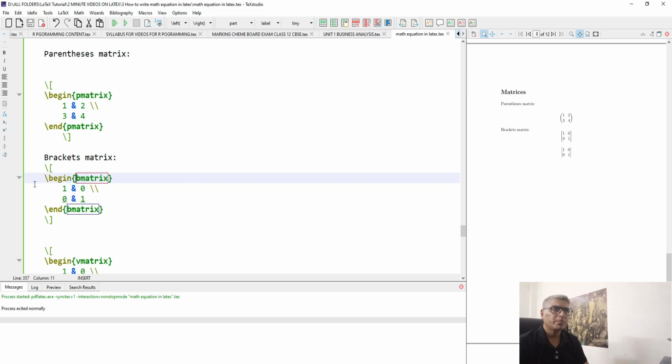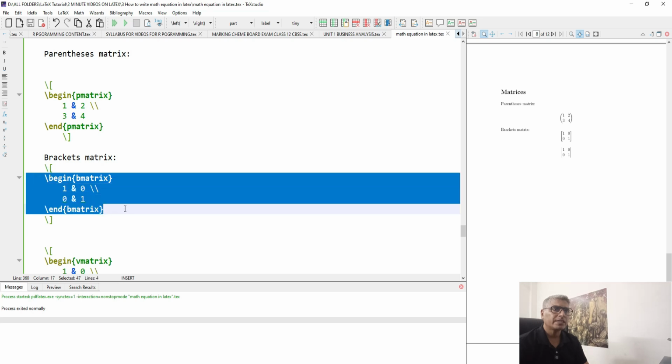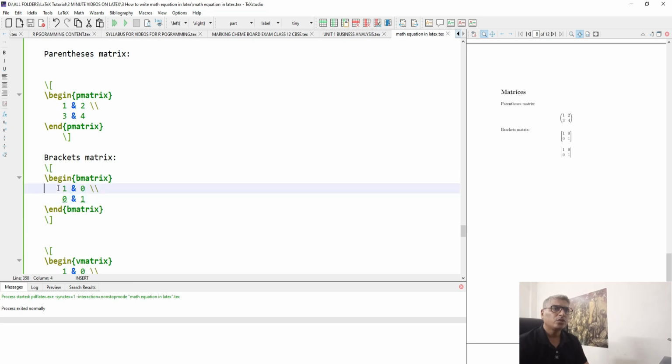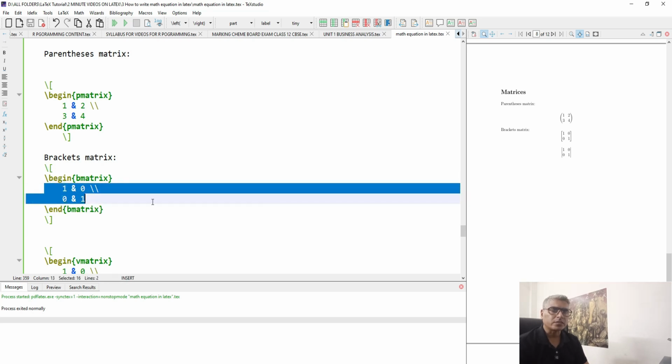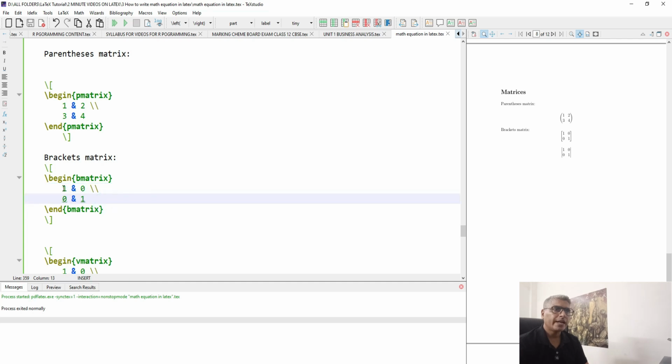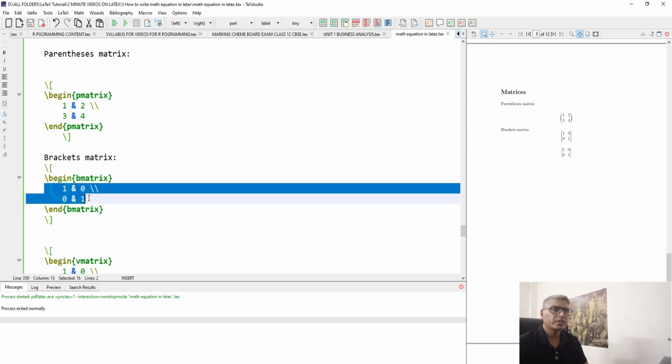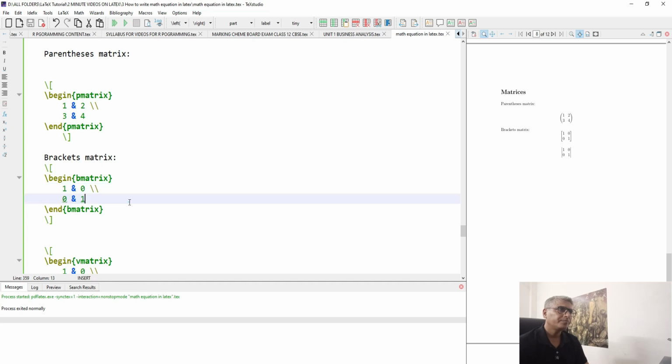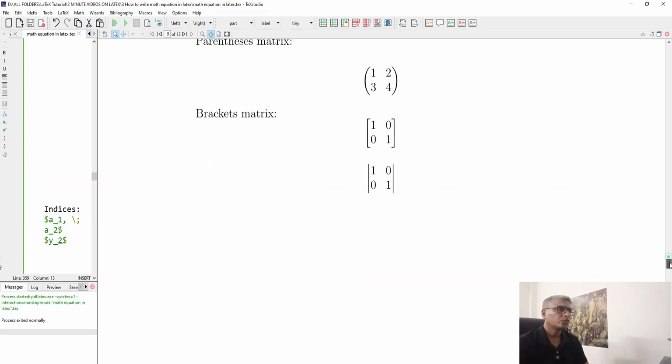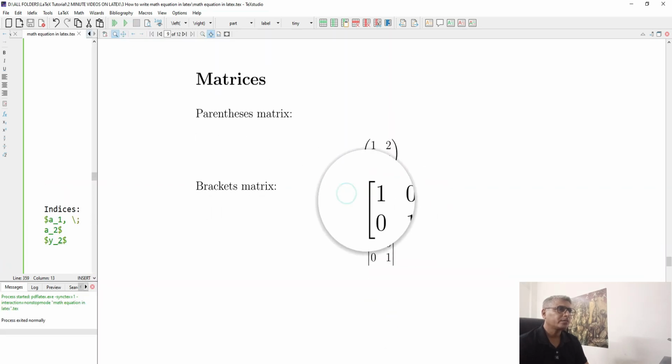That means begin bmatrix and end bmatrix, and between that you have to write your elements of the matrices. So here we have written 1 and 0, then double slash, again 0 and 1. So here we are using 2 by 2 matrix. Very simple. Now let's see the result here. So here we have our square bracket matrix.